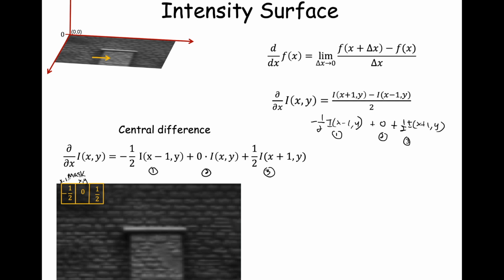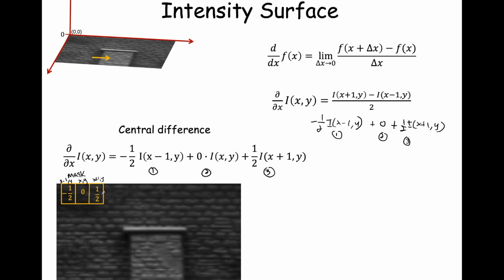So really, the value that is beneath this particular cell in my 3 array is going to be the value of the intensity function at coordinate x minus 1 comma y if I place this mask, a center position, over image coordinate at position xy. So what is the coordinate for this position to the right? That's x plus 1 comma y.